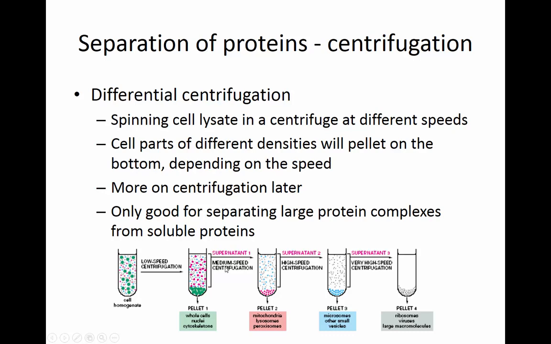You can do a higher speed centrifugation and then pellet down all the mitochondria and other types of organelles that are smallish. You do it at an even higher speed. You pellet microsomes, small vesicles, things like that, and you're left with protein complexes and other macromolecules. Spin it at very high speed, you can get those out as well.